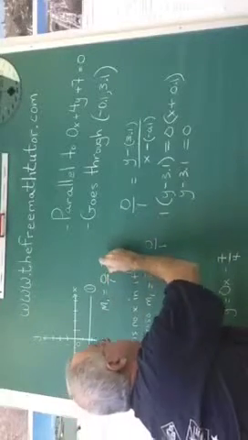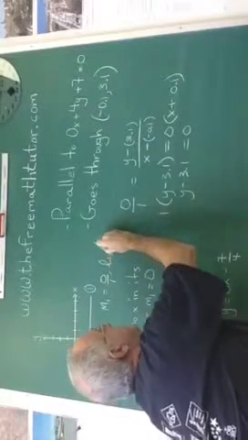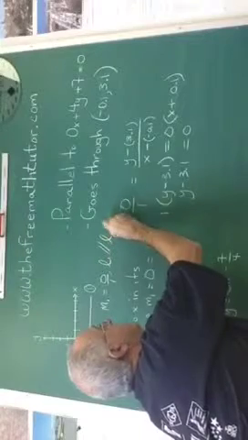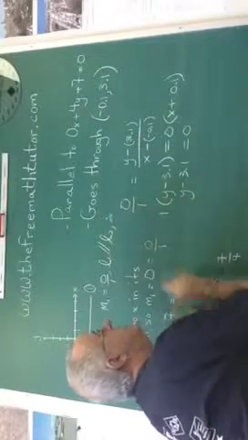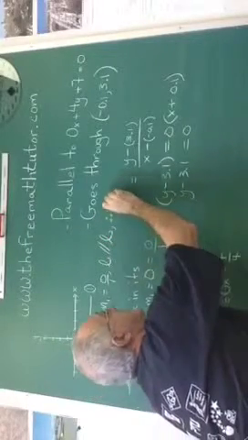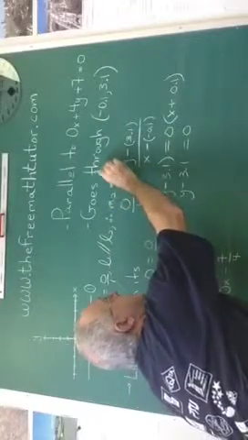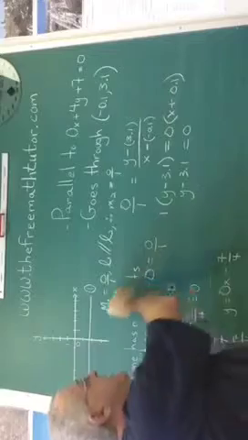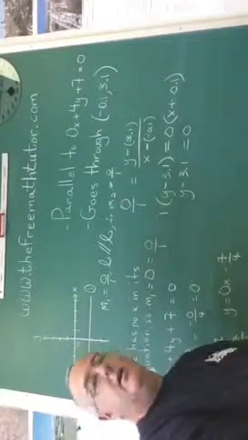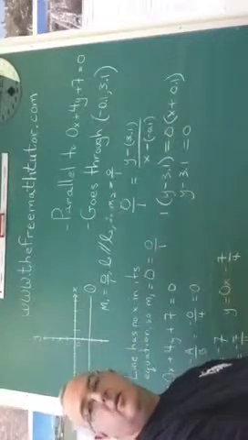Line 1 is parallel to line 2. Therefore, m2, the slope of my second line, must also be equal to 0. This is a complete justification that allows the student to get full marks on the question.